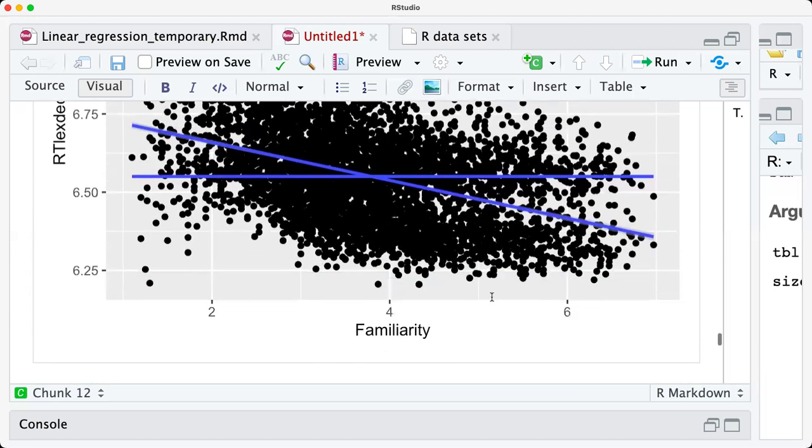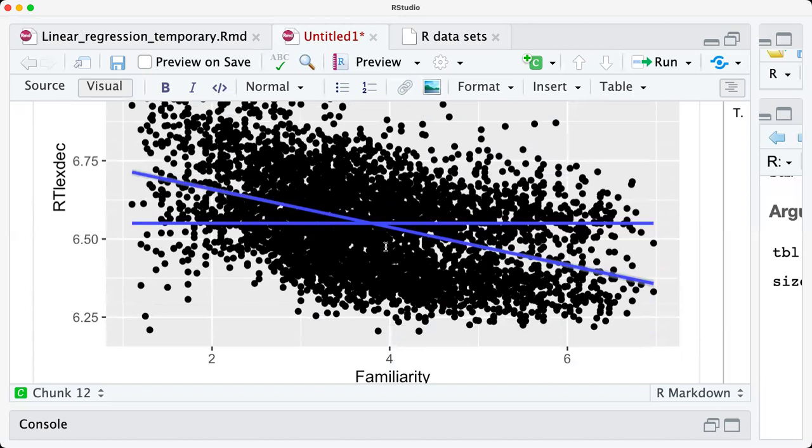So if you look at this picture, you see this line. The thing that comes to your mind is that familiarity influences the lexical decision, which is true, but it depends on how; influence is a big word.